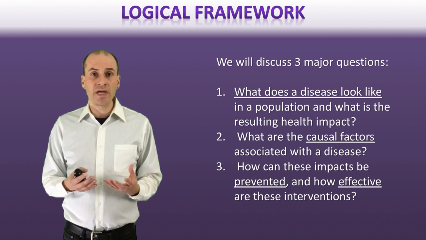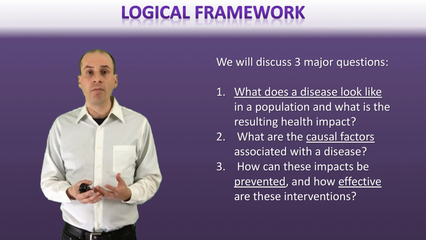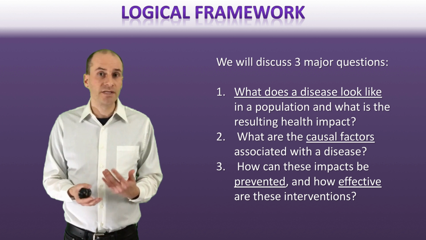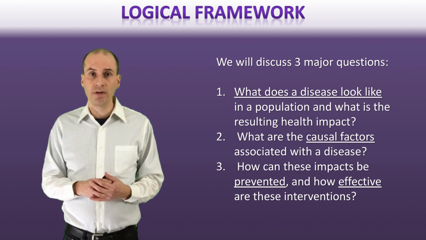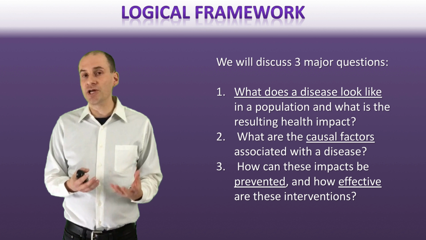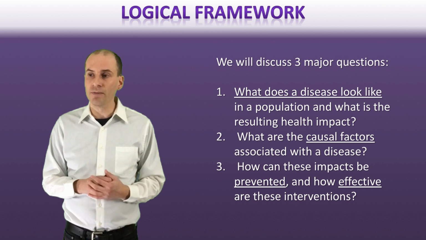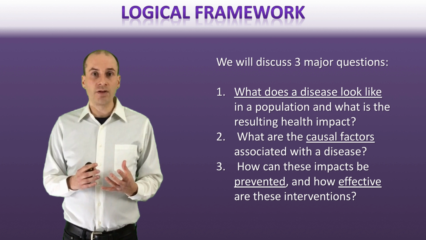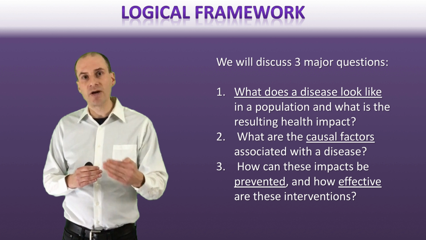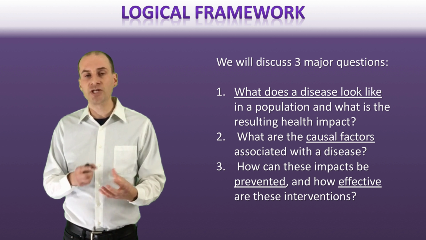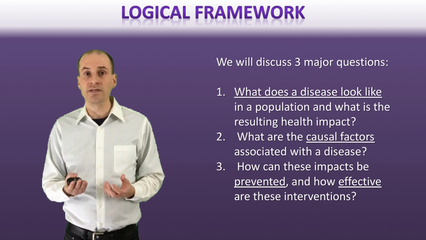Then secondly, we need to figure out, if we're having a problem, what's actually contributing causes to creating that problem? How is this actually occurring? So this can be a really complex, challenging thing to figure out. And there's a bunch of different strategies that we think about using to demonstrate that there's a relationship between a risk factor and a disease.